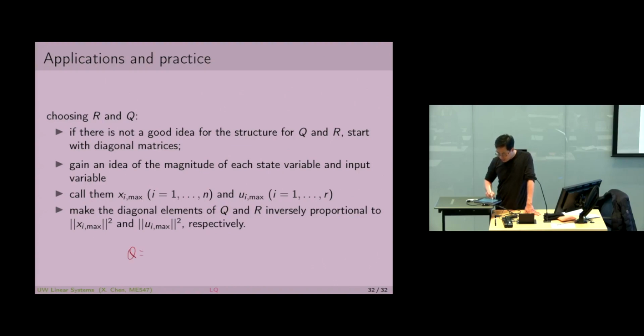In other words, do something like this: Q to be 1 over X1 maximum absolute value, and then do the same for other states. Make Q in this way, inversely proportional to the maximum of the states. And then do the same for R, inversely proportional to the maximum of the input command. Doing it this way, in an intuitive sense, normalizes everything in your quadratic cost function.